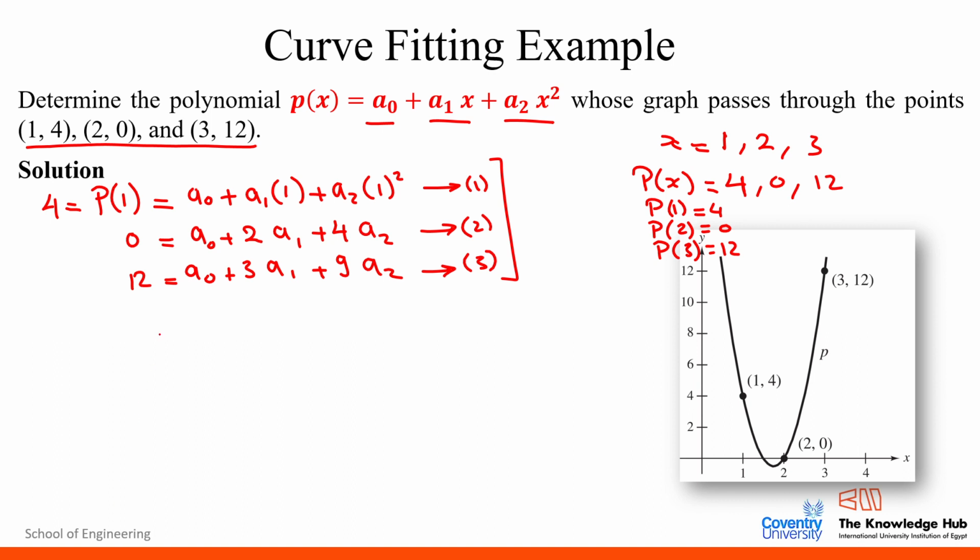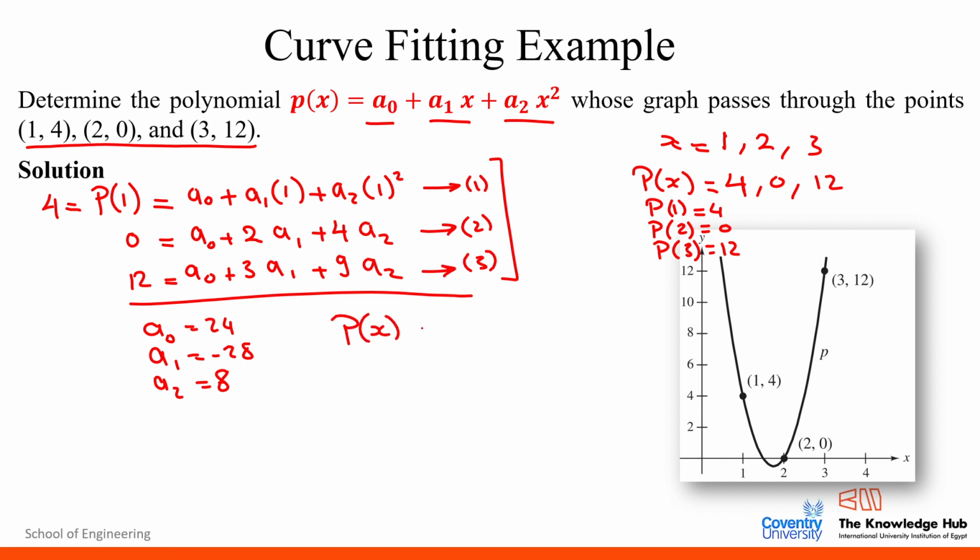So finally, here a naught equal 24, a1 equal negative 28, and a2 equal 8. So we can write down the equation. Finally, p of x equal 24 minus 28x plus 8x squared. This is the polynomial function of the graph.